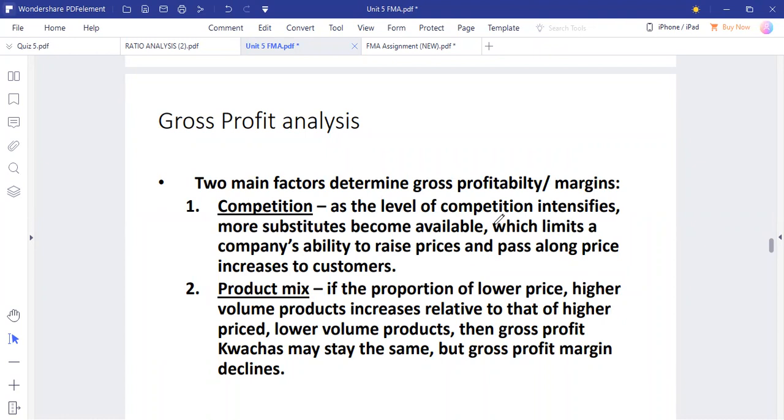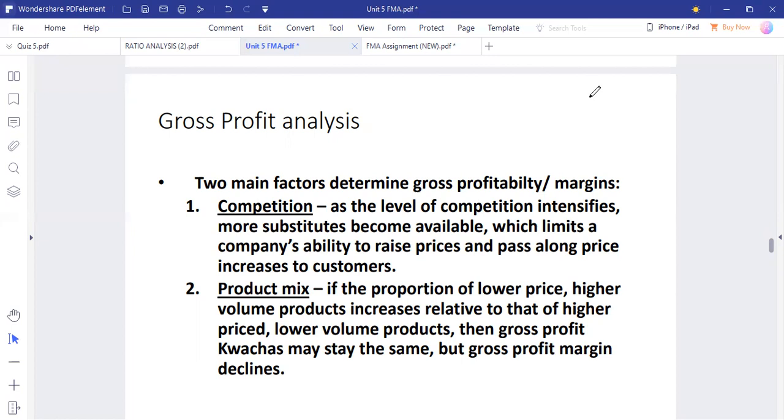gross profit analysis. Whenever you're analyzing the gross profit, you need to take note of two key components. Number one, the level of competition. As you make your analysis, you should comment in terms of competition, because the level of competition brings about aspects of substitution effect.